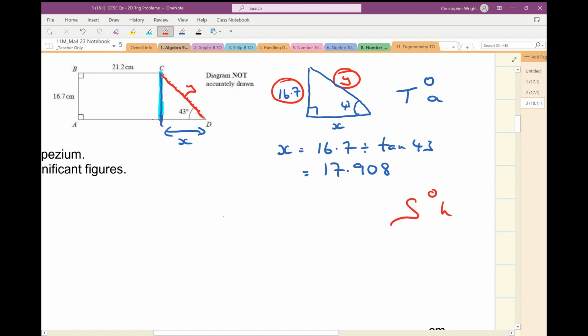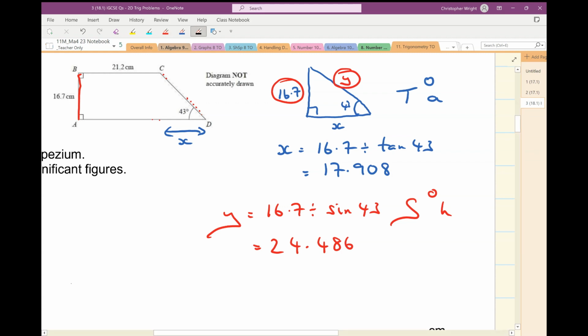I'm trying to find the hypotenuse. Y equals the opposite divided by sine 43. Again, bit of calculator use, and I can get the answer for y, 24.486.